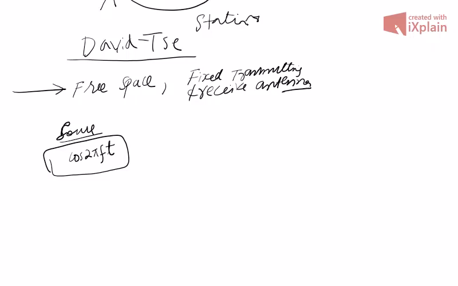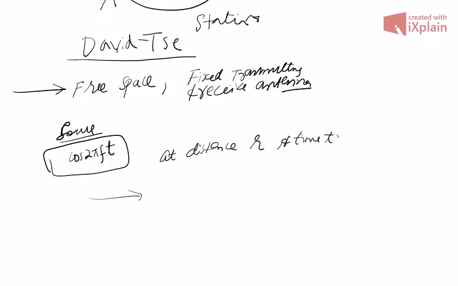Then what will be the response when you transmit at the antenna? At distance r and time t, what will be the response at distance r? I will write that response in terms of electric field.